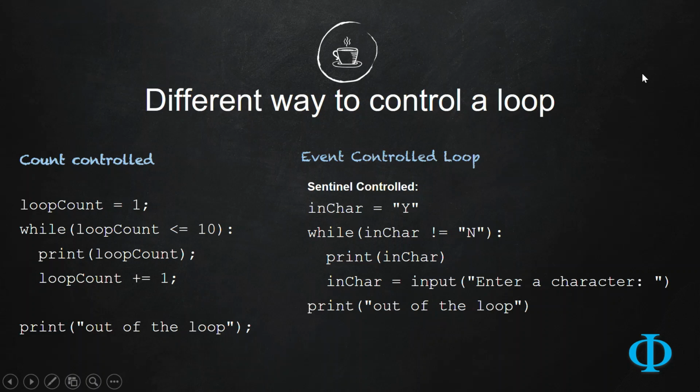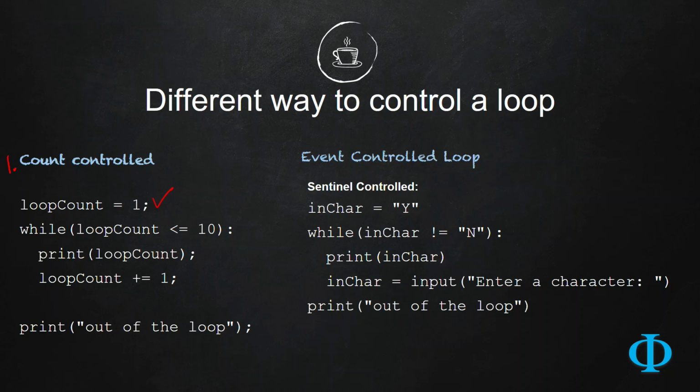Now let us try to understand a few different ways to control a loop. Basically, we will learn two different ways of controlling a loop. The first one is the count controlled loop, which you already know about, where there is a loop control variable like this loop count.